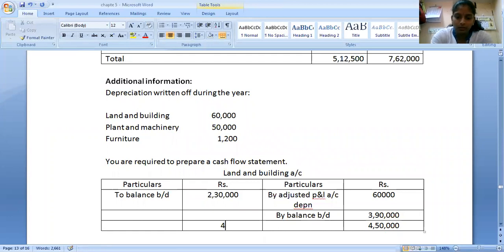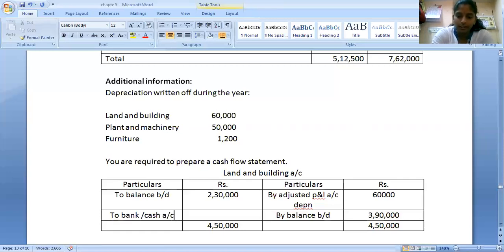4,50,000. So whatever the remaining balance will be, as you got the difference in the debit, it is purchases. So make it as to bank or cash account.